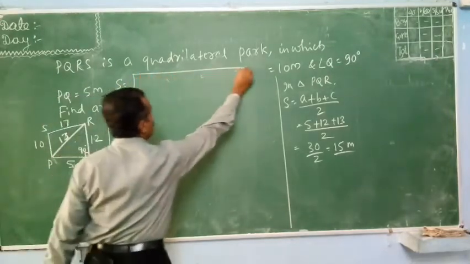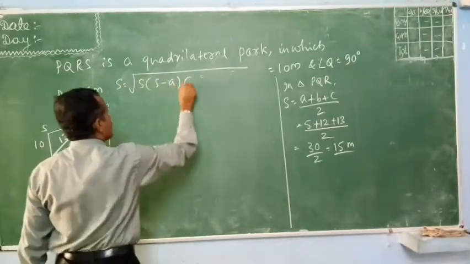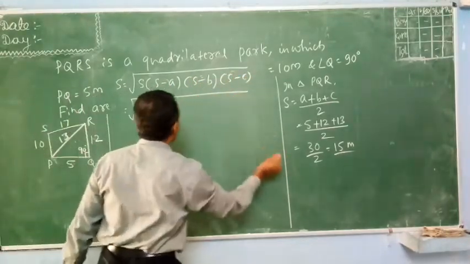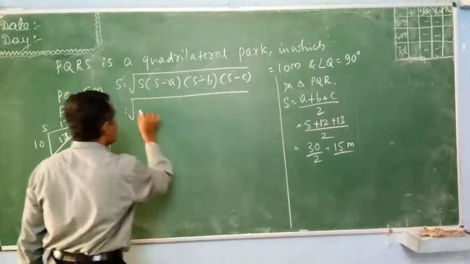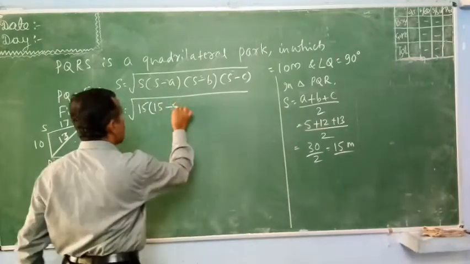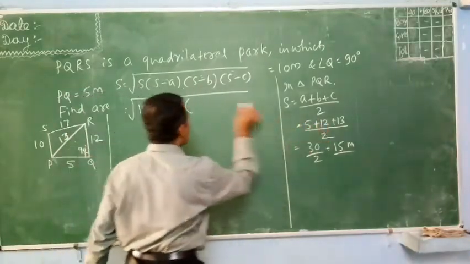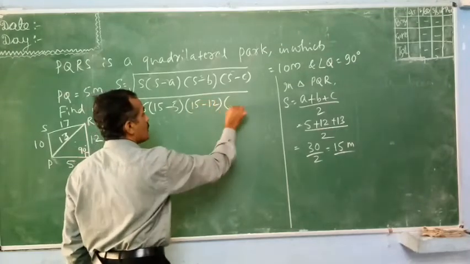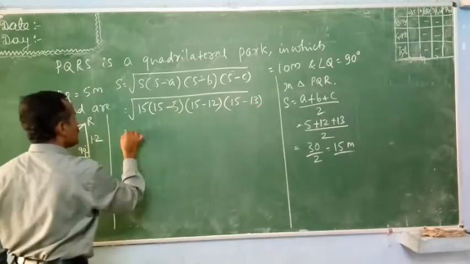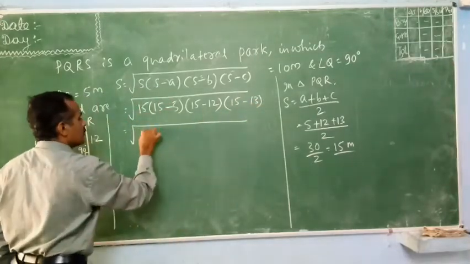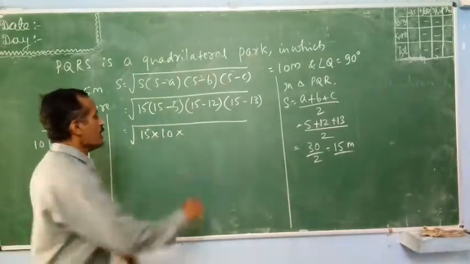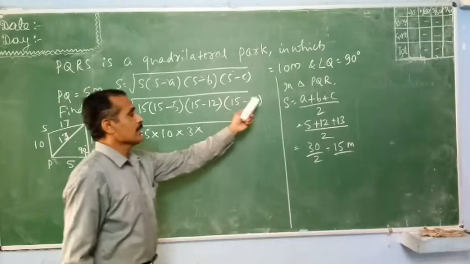Area is equal to under root S into S minus a into S minus b into S minus c, which is under root 15 into 15 minus 5, which is 10, 15 minus 12, which is 3, and 15 minus 13, which is 2.